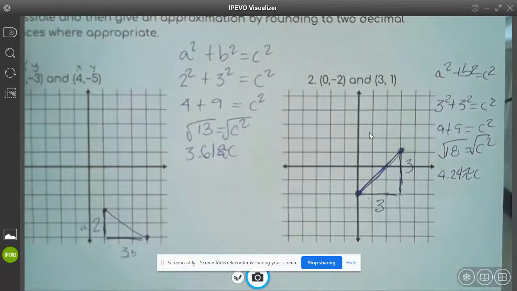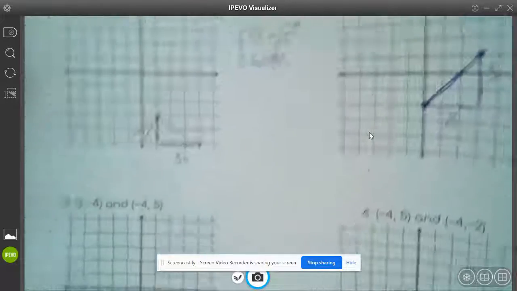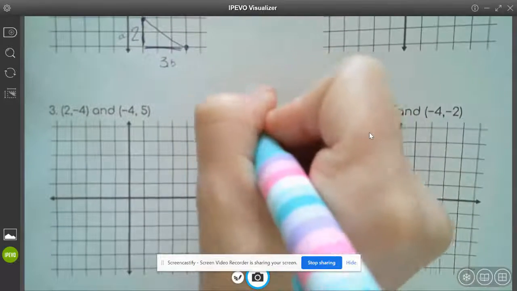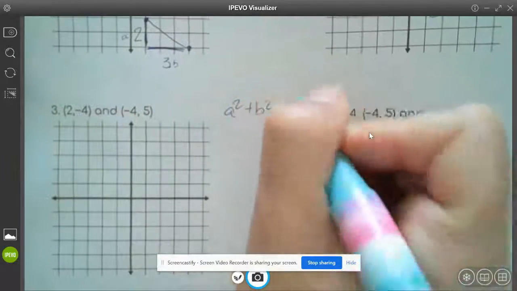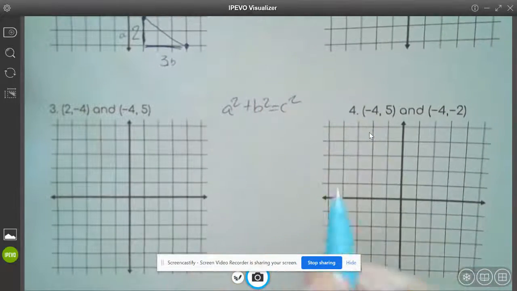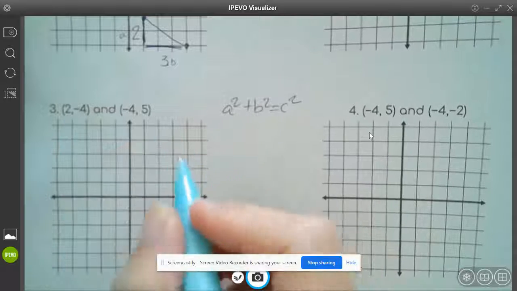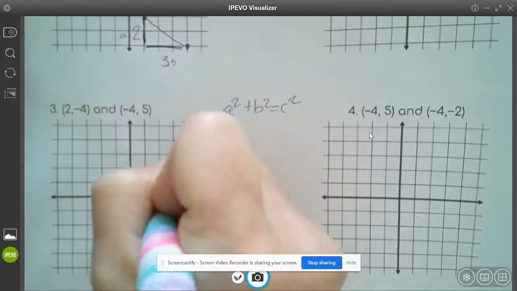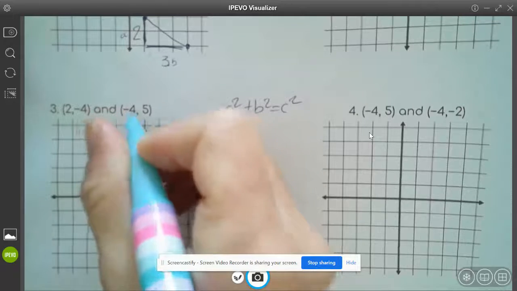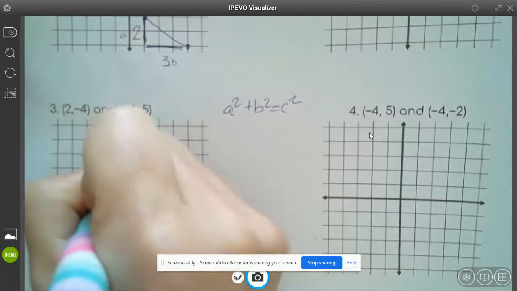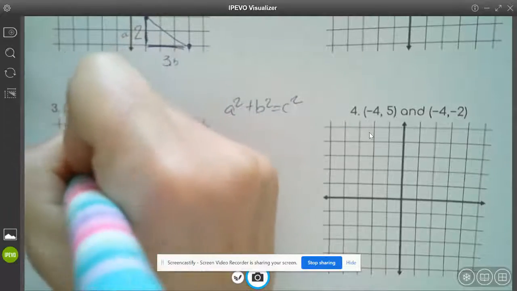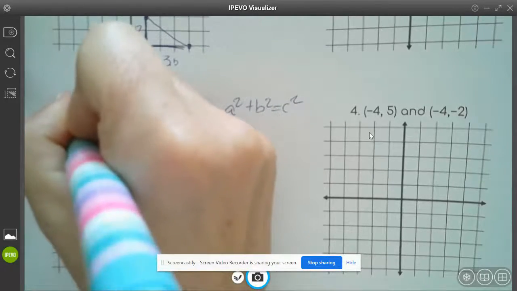Okay. All right, let's do one more right here. So we have a squared plus b squared equals c squared. I'm only just giving you the formula again and again so you remember it, and then we find the point. So that's 2 to the right, 4 down, 1, 2, 3, 4, and then 4 to the left, 1, 2, 3, 4, 5 up. 1, 2, 3, 4, 5.